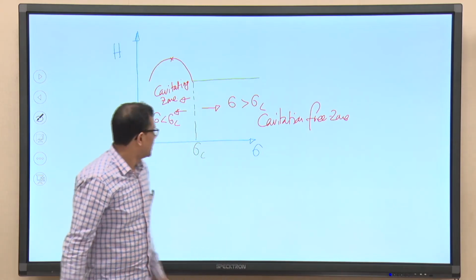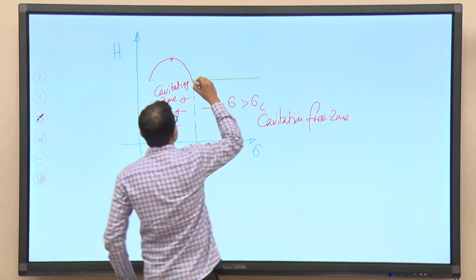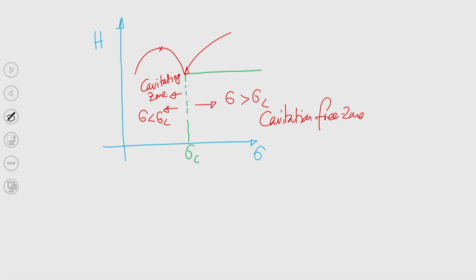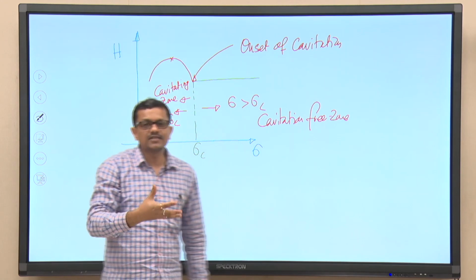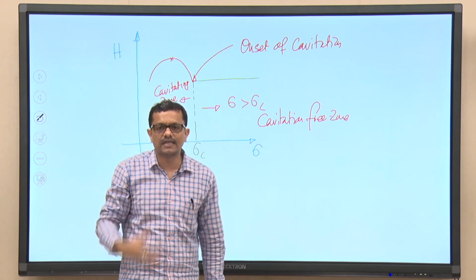To explain, sigma c is the onset of cavitation. When cavitation starts, boiling will take place and vapor bubbles will be generated.